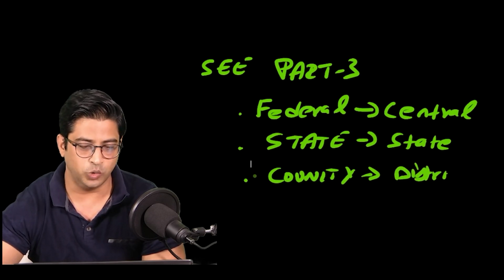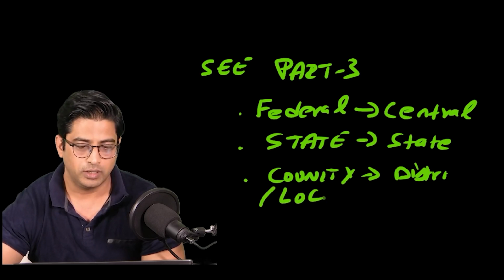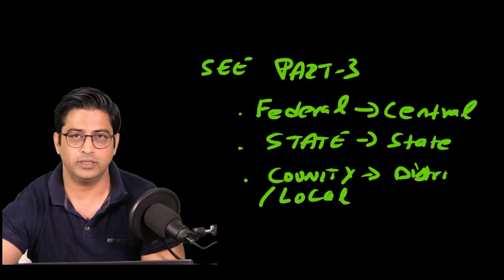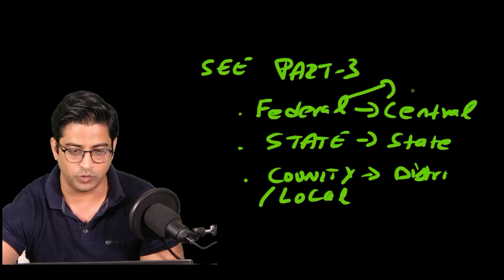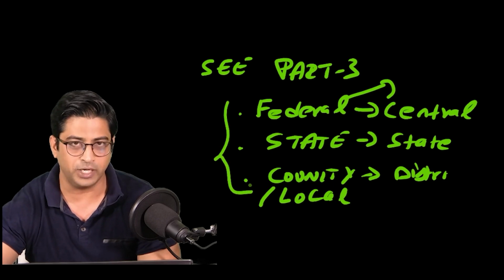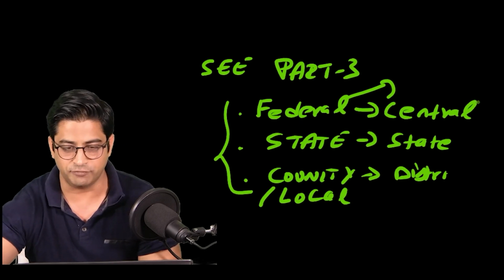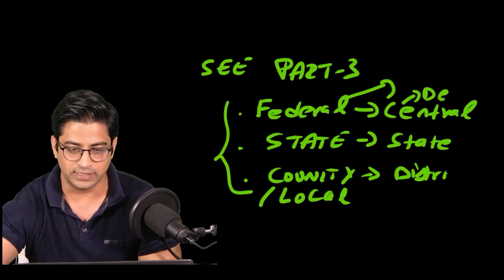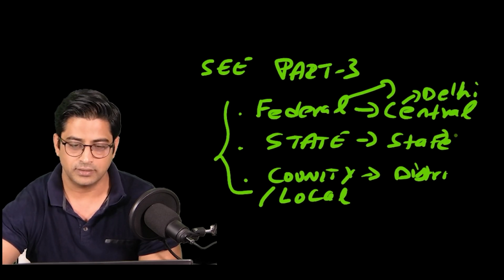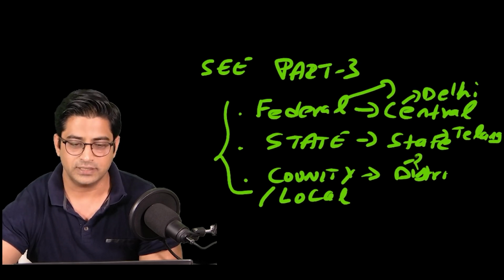This is called local, or you can say local or county. So when we are giving the exam, we are tested only in terms of federal. In the EA exam, this structure that I have explained is the federal structure. In US, this is a federal structure. Like if you compare this with India, this is Delhi, central. This is Telangana, right? This is Rangareddy.